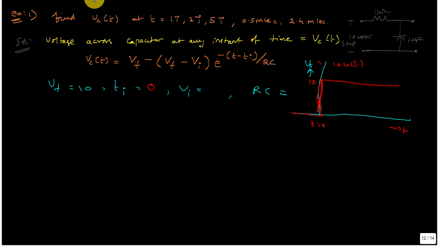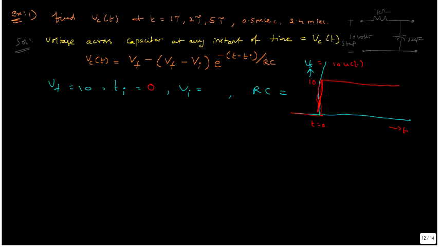Ti is 0 now. Next Vi. Vi means initial voltage, the voltage across the capacitor at t equal to 0. At t equal to 0 you are applying 10 volts. By that time the voltage across the capacitor is 0, because before t equal to 0 you have not applied any voltage. Whenever you are not giving any voltage, the capacitor doesn't store anything.